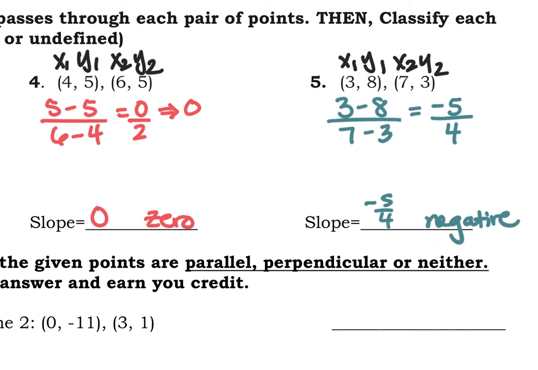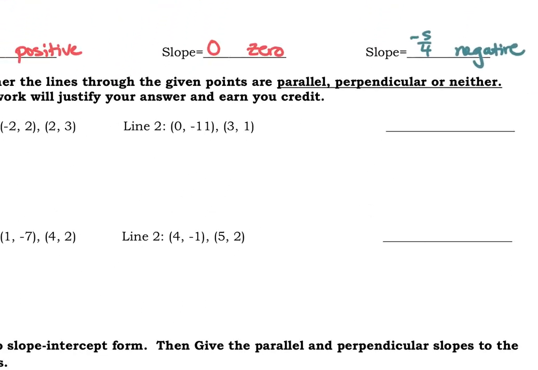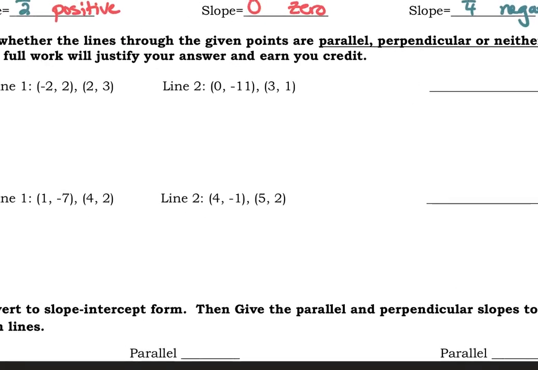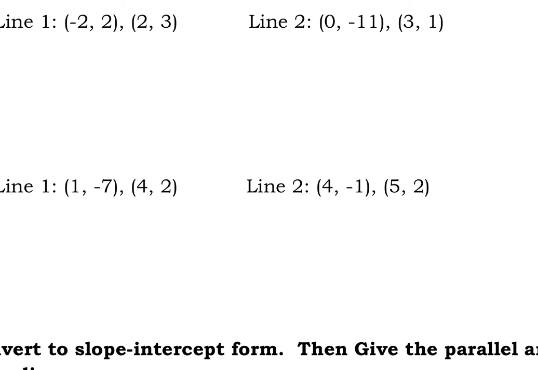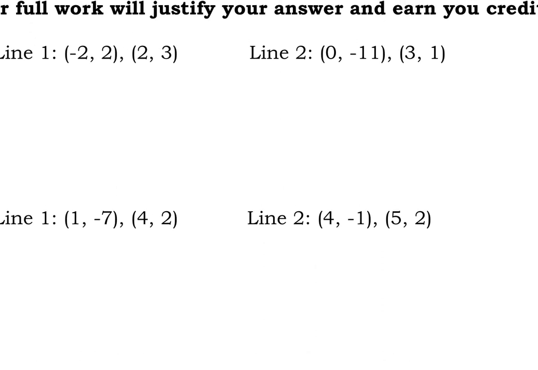All right, let's come down to the bottom. So this same equation is used down here at the bottom. Same equation. All we're doing now is deciding the relationship between the two lines. So we're still going to label them x1, y1, x2, y2. What is our y2? Our y2 is 3 minus, what's our y1? 2.